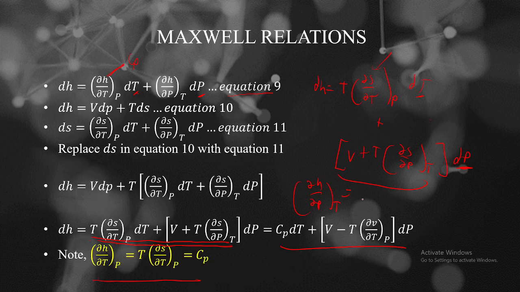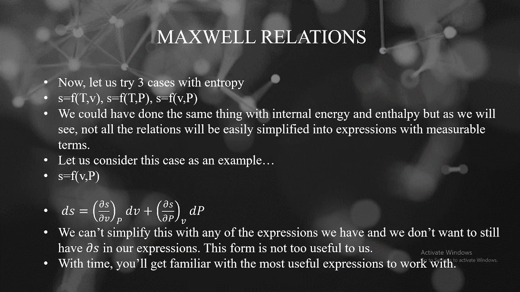So it's going to be V plus T del S del P at constant T. And once again, we don't want to work with del S, so I can use a Maxwell relation and end up changing this to what I see over here. So del V del T at constant P instead of del S del P at constant T. If you check, we have a Maxwell relation for that. Okay, now we are coming to consider entropy with three cases.